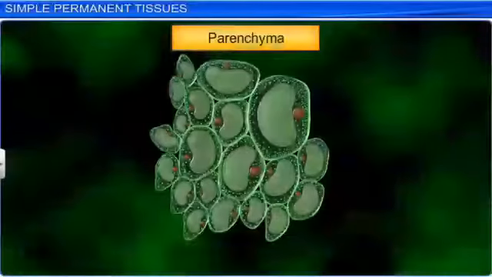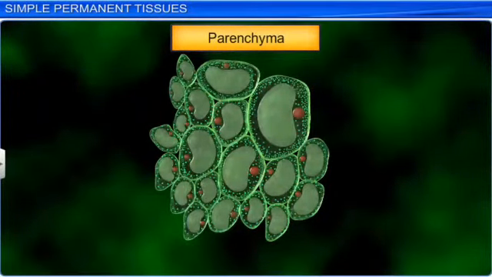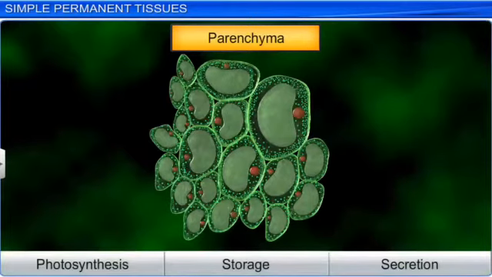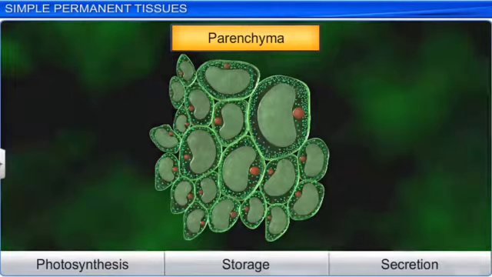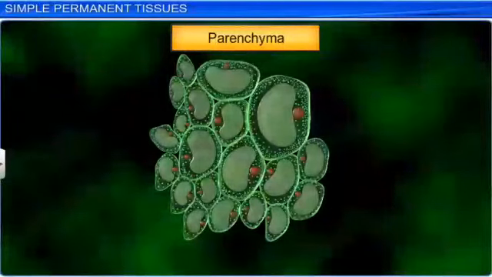Parenchyma is the most common ground tissue. It performs functions such as photosynthesis, storage, and secretion. The cells of the parenchyma have the same dimensions, or the same length, width, and height, which means that they are isodiametric.